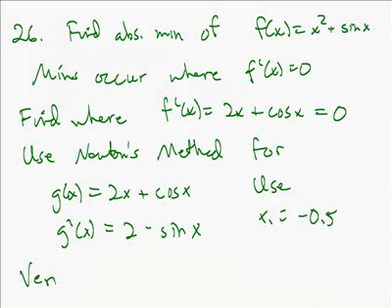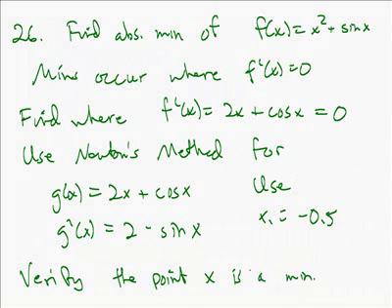And then you should verify that whatever you get, the point, I'll call it x, is a min. And how can you do that? Well, f double prime of x should be greater than 0.